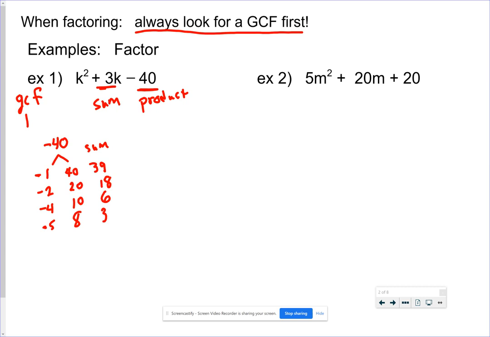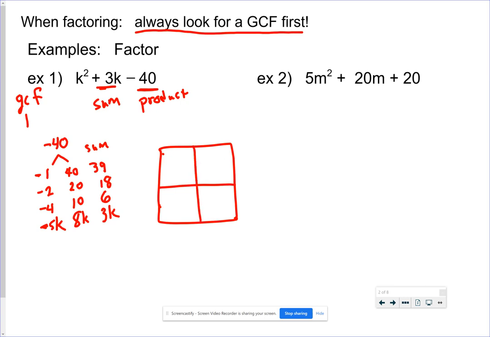All right. So what we're really doing here is we're taking the 3k and we're going to write it as 8k plus negative 5k. And I'm going to build a table and show you how it works to do a table method for factoring. So when we build the table, when we're factoring a trinomial of the form x squared plus bx plus c, we put the x squared, or in this case, a k squared, in the upper left corner.